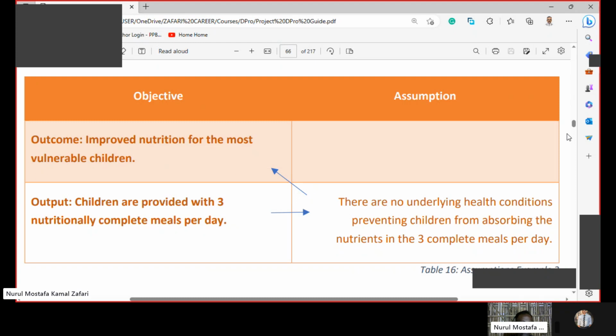Their nutritional status will not be improved as nutrients have not been absorbed by them. So only if the output has been achieved and the assumption holds true will the outcome be achieved.